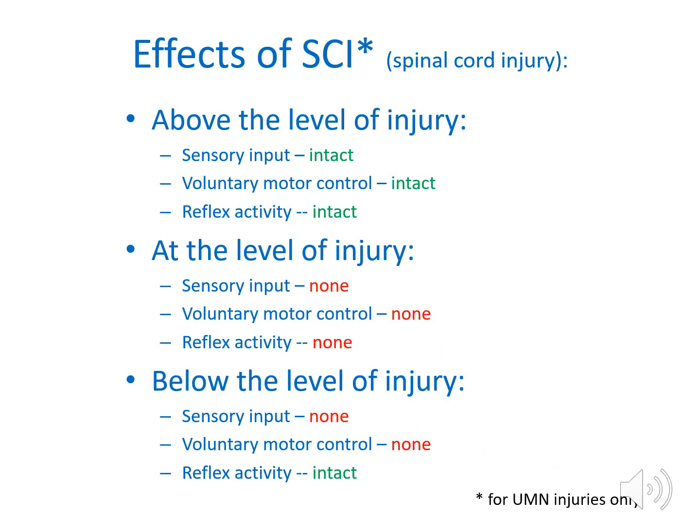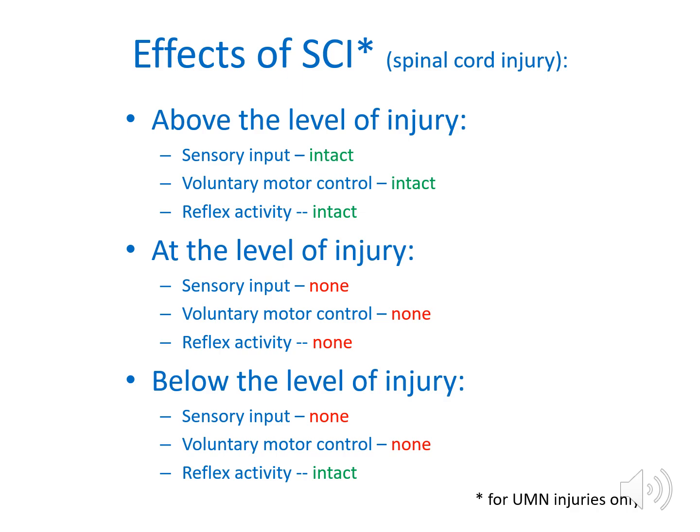So, if you need to see it in writing, there it is in the chart. Above the level of the injury, everything works great. At the level of the injury, nothing works. Below the level of the injury, there is no sensation, there is no voluntary movement, but there is still spinal reflex activity.